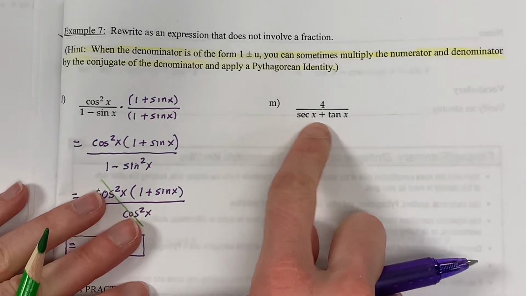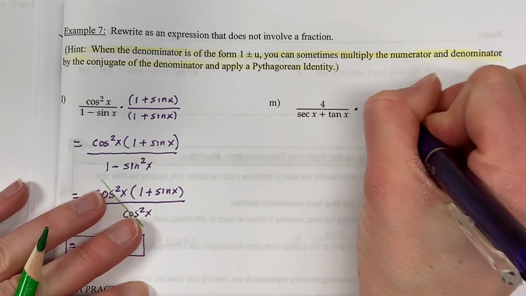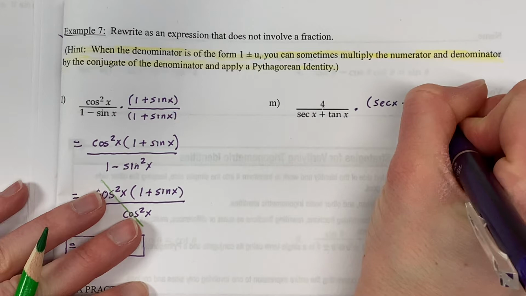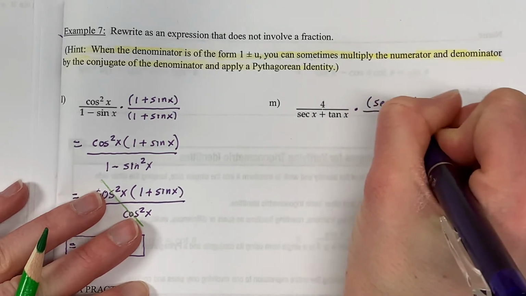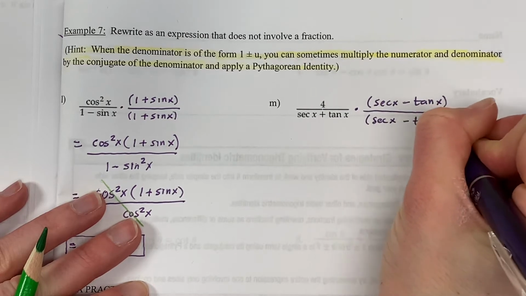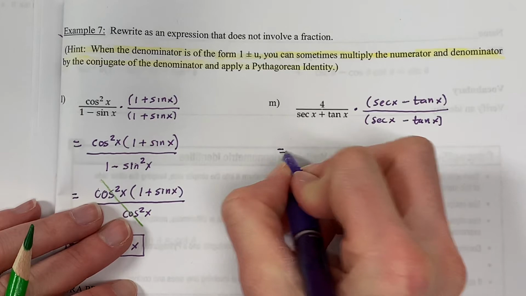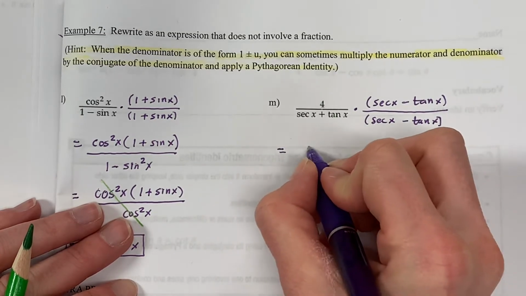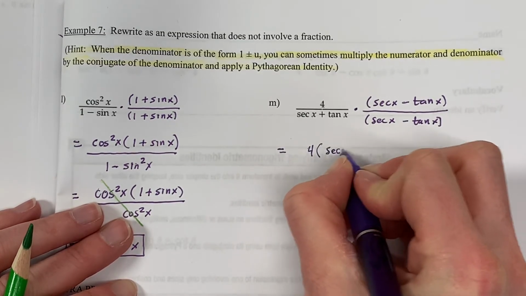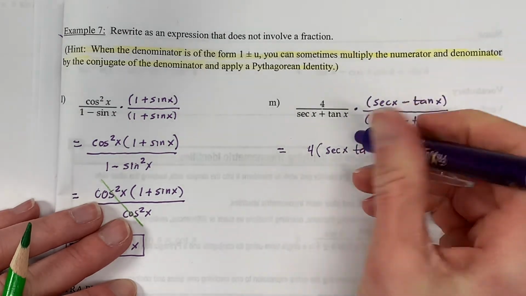The conjugate of secant x plus tangent x is secant x minus tangent x. Distribute, multiply straight across. We'll have 4 times secant x minus tangent x.